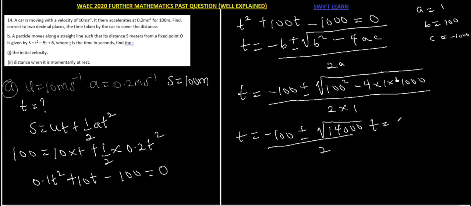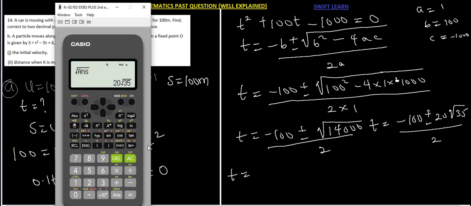So t equals minus 100 plus or minus 20 root 35, divided by 2. So our t here is what? Let's put it in the calculator: minus 100 plus 20 root 35, divided by 2.